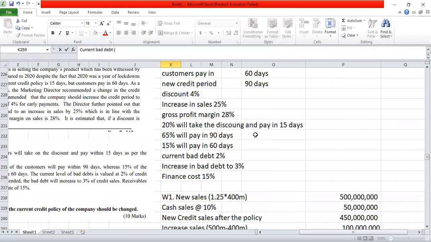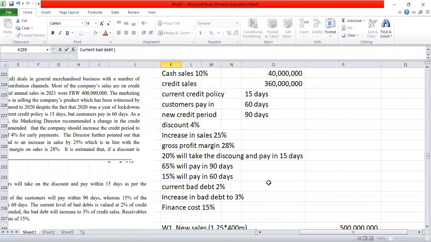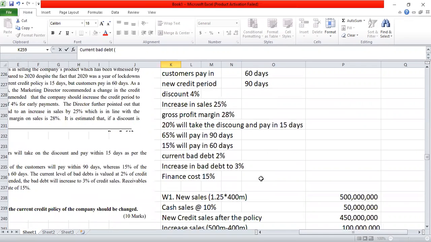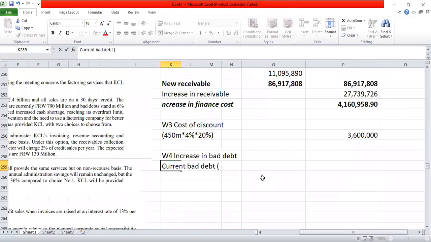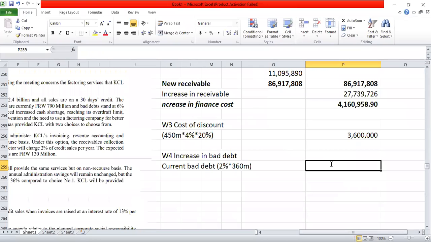The current bad debt is 2% times 360M. Hey, what is wrong? 2% times 360.